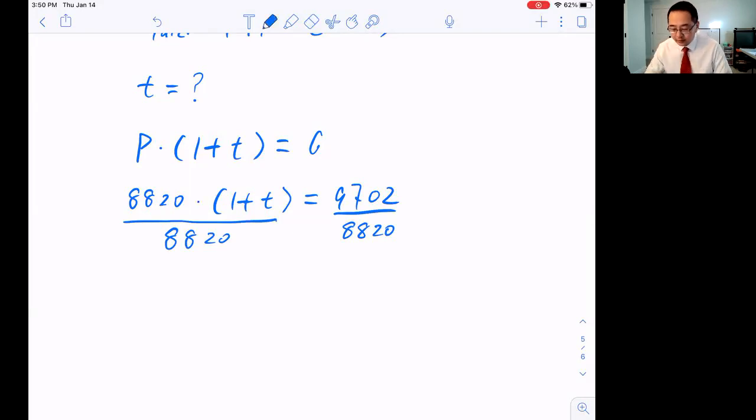Okay, and then if you do that, you get 1 plus t equals, on this side, what is 97.02 divided by 88.20? Should be 1.1, right? So t then equals, you subtract 1 on both sides, t equals 0.1 or 10%. Okay.